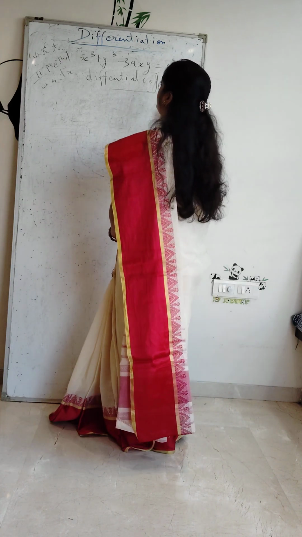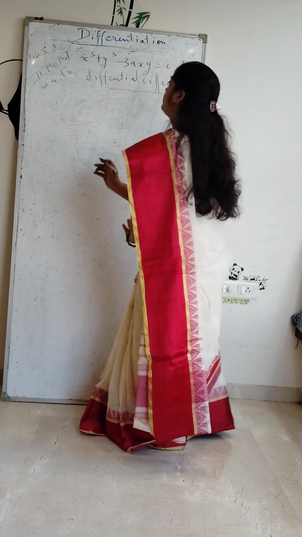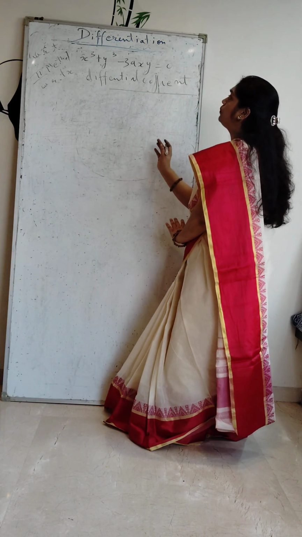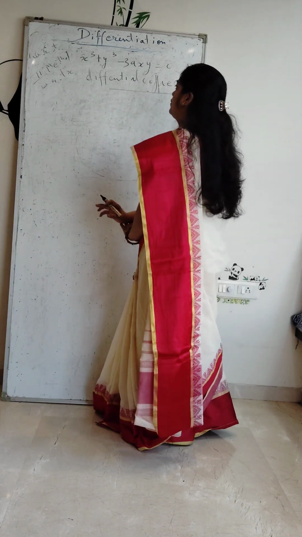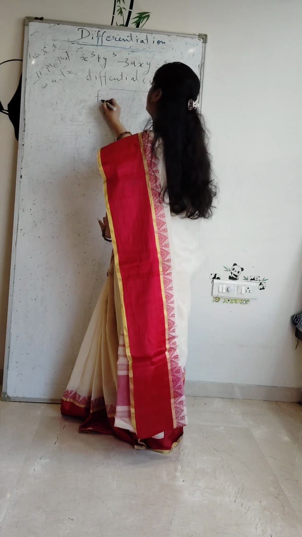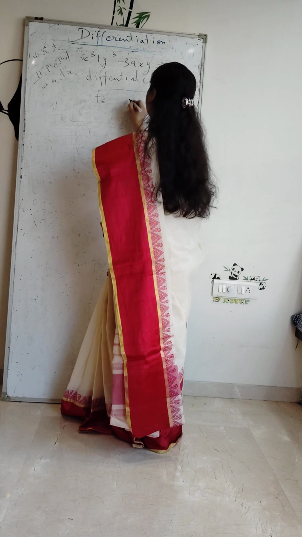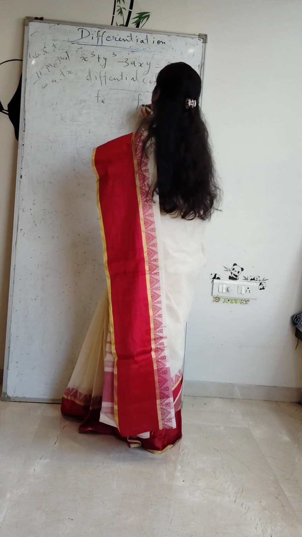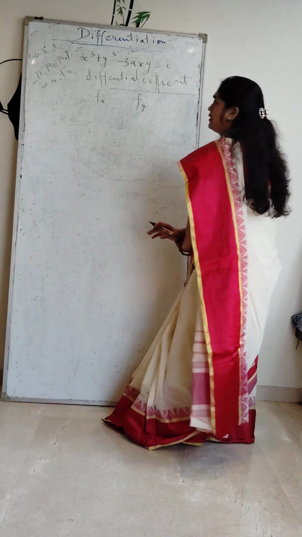What is the differential coefficient? The differential coefficient of the function with respect to x, and the differential coefficient of the function with respect to y. The differential coefficient with respect to x is denoted by fx, and with respect to y is denoted by fy.